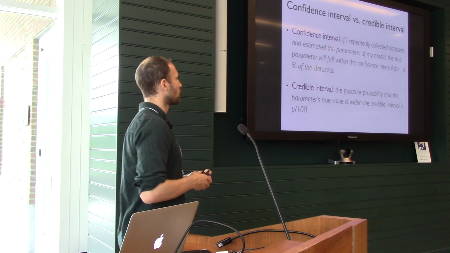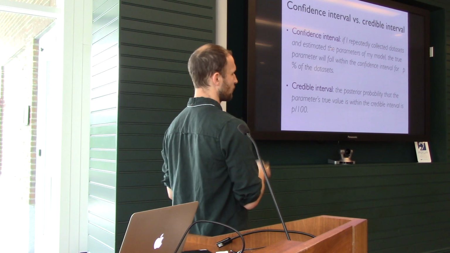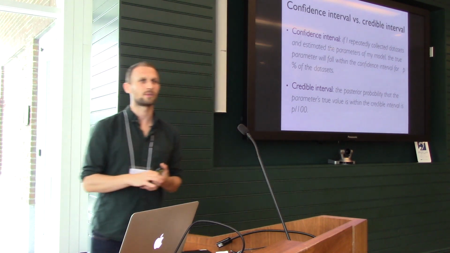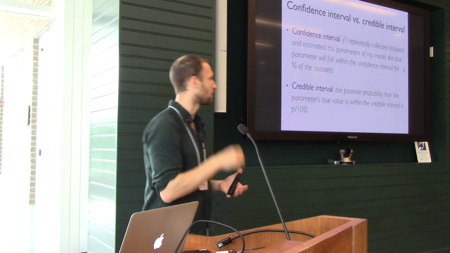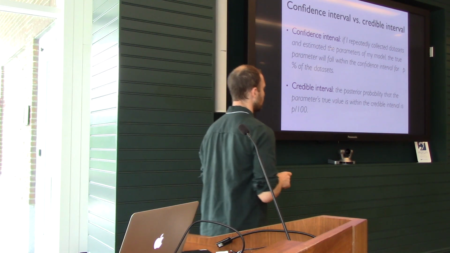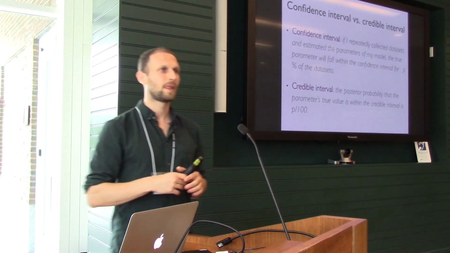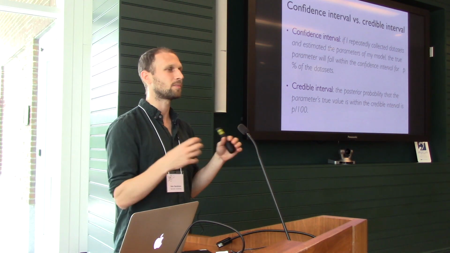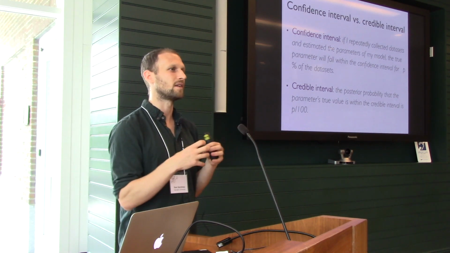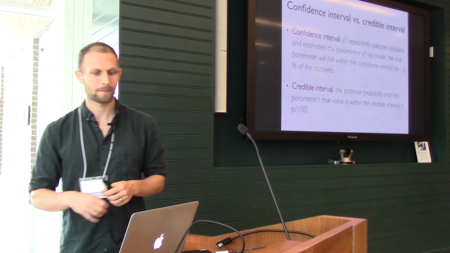So we no longer have this kind of frequentist interpretation of a confidence interval. Instead, we have credible intervals, which are fundamentally different. They're quantifying your subjective uncertainty about the underlying parameter. What it's saying is that the posterior probability that the parameter's true value is within that credible interval is some probability. So I can define, let's say, a 95% credible interval says that 95% of the probability mass is within that interval.